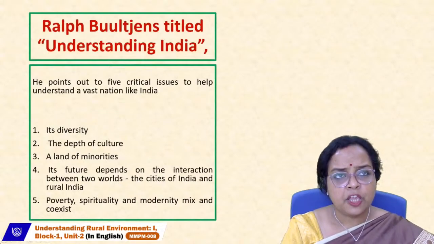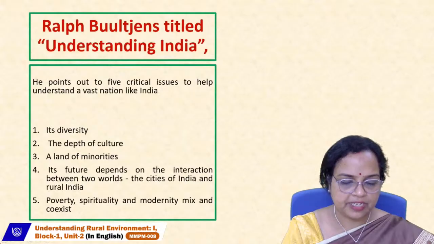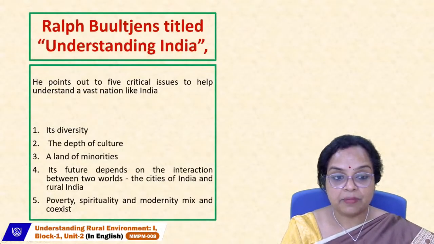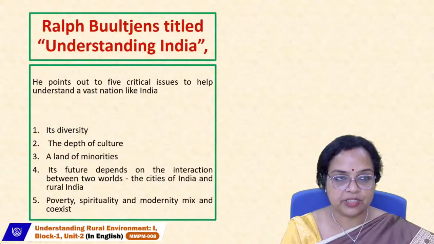Similarly, if you are producing fruits, vegetables, grains, you can tap the untapped rural market by understanding their needs, and sometimes their need is rooted in the depth of their culture. For example, we can take the culture of Odisha.